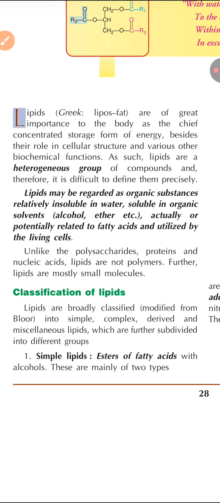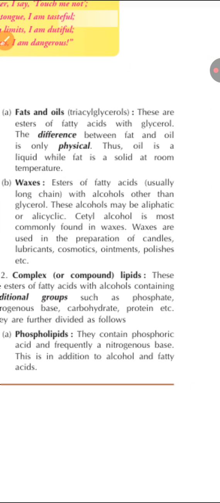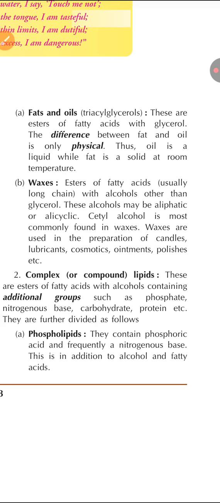Example: we have simple lipid, first one, that is ester of fatty acids with alcohol. So when a fatty acid is joined with alcohol, it gives you simple lipid. And they are also of two types. We have fat and oil, that is triacylglycerol, or you can say triglycerol, all the same thing.